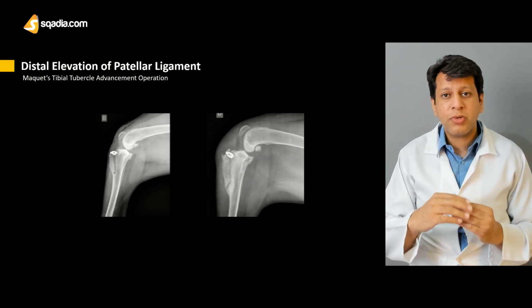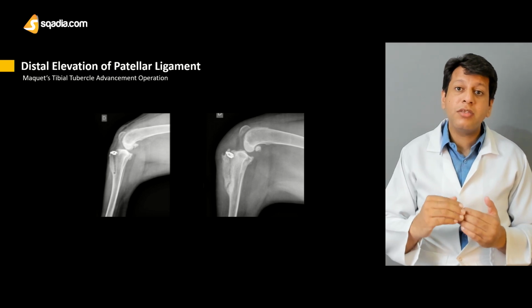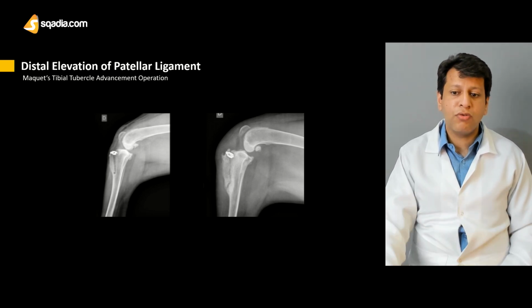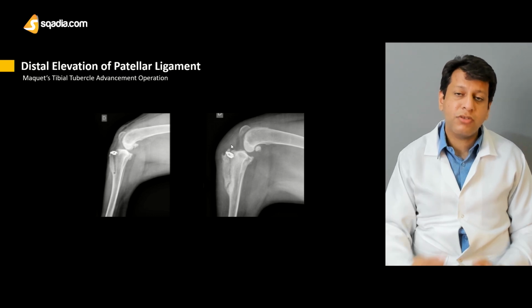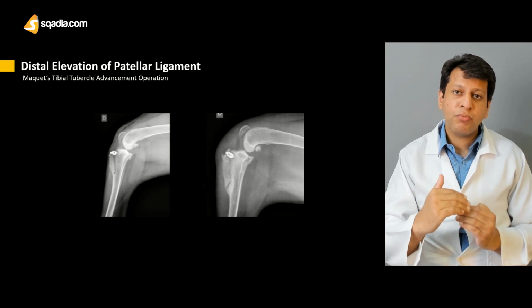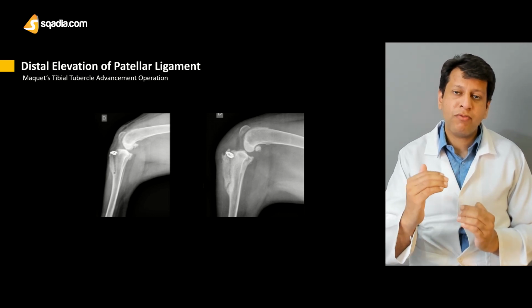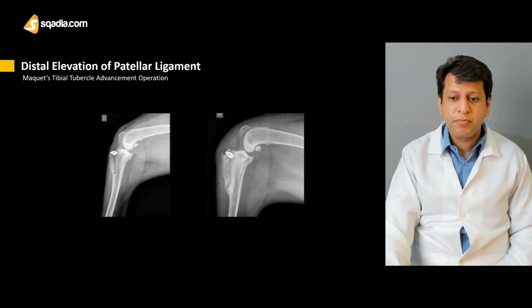Rather, the patellar biomechanics is changed in such a way that it can easily glide past the trochlear groove. You can also appreciate that there is some degree of patella alta as well. Once the patella becomes higher up, it is taken out of the trochlear groove, and therefore the chances of rubbing against the trochlear groove are minimized.